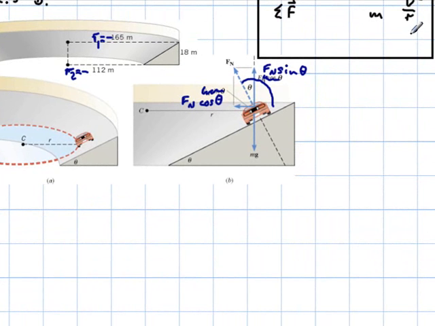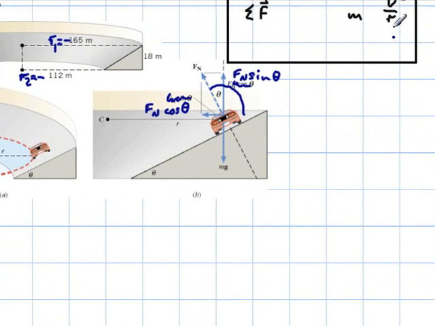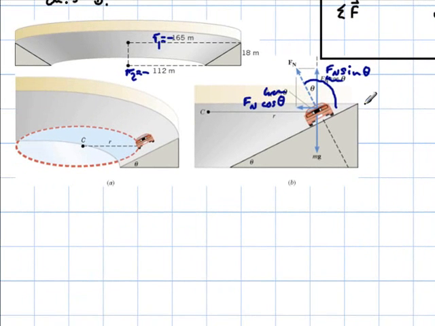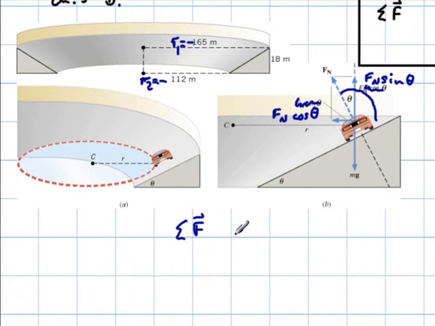Well, we don't know what the speed is. We do know what the radius is. We don't know what the mass is. We, at this point, don't know what the force is. That's kind of interesting. We don't seem to know a whole lot yet. Well, let's see what's happening. Let's write down Newton's second law.